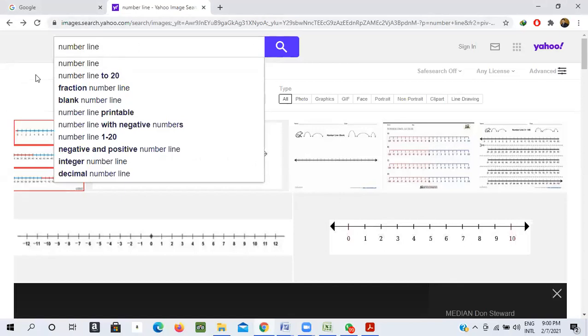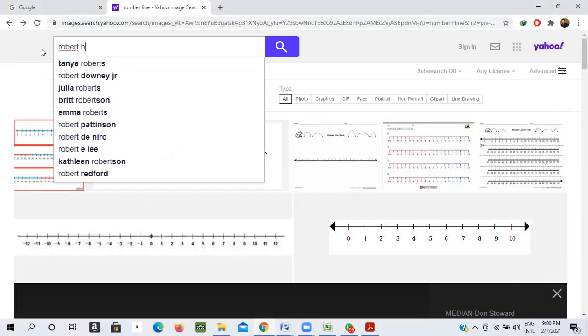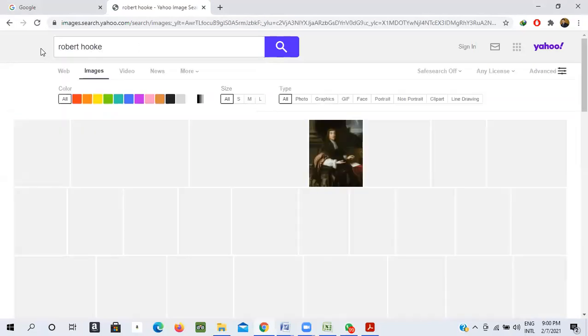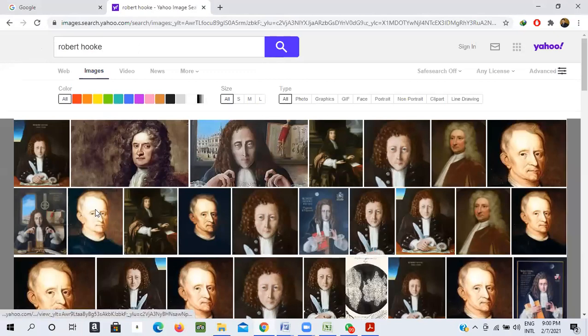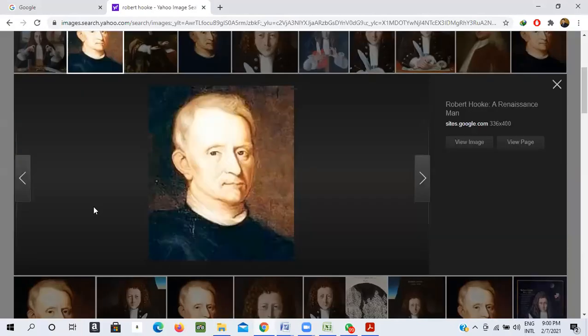Robert Hooke is this person. This is the picture of him in your textbook. But the picture will not come in the exam paper, don't worry.